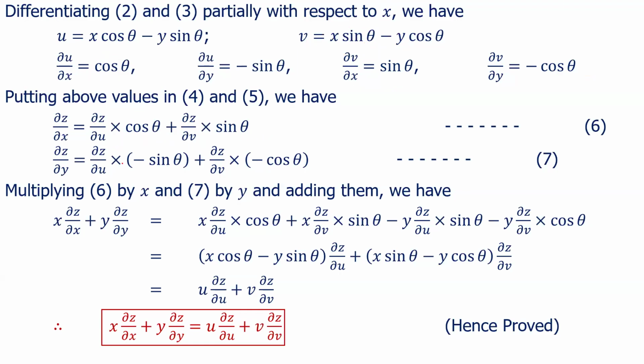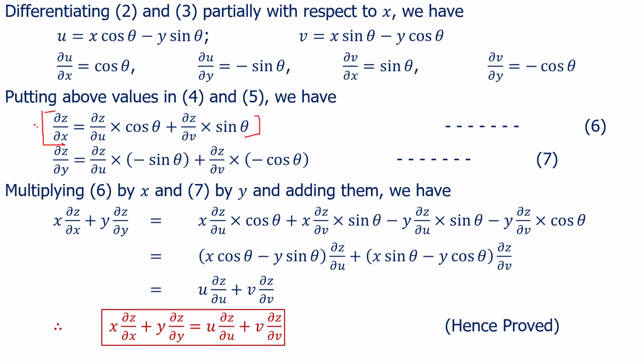Similarly, ∂z/∂y is ∂z/∂u times ∂u/∂y, which is minus sin theta, and then ∂z/∂v times ∂v/∂y, which is minus cos theta. Now we substitute all these values, which are the values of ∂u/∂x, ∂u/∂y, ∂v/∂x and ∂v/∂y.